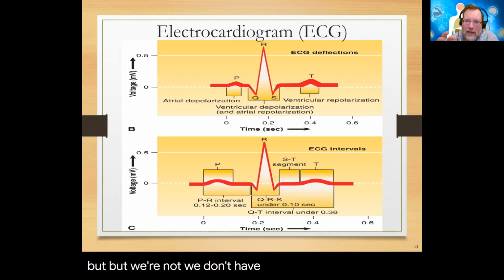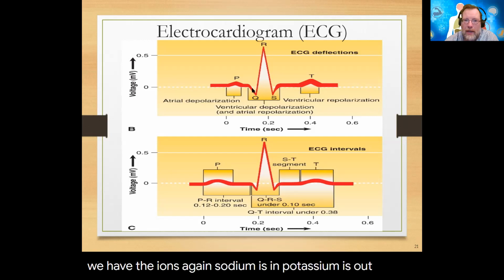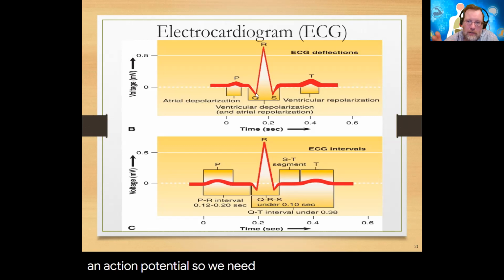We don't have the ions on the correct side. Again, sodium is in, potassium is out after an action potential. So we need to get equilibrium back again and get sodium back out of the cell and potassium back in. So anyway, that repolarization of the atria is enabling or preparing the atria to receive more blood and then to be able to start this process again.